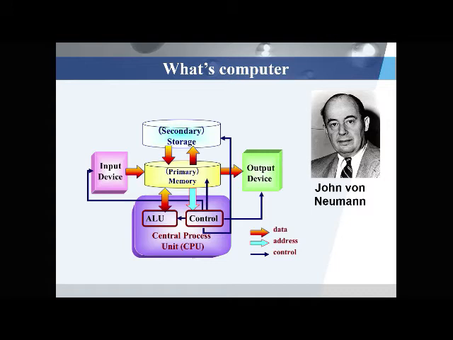We can see there are basically 5 different components: the input device, output device, secondary storage, primary memory, and the central processing unit. And inside the central processing unit, we have the ALU, which is the arithmetic logic unit, and the control unit. We are going to discuss this structure in the hardware lecture also.